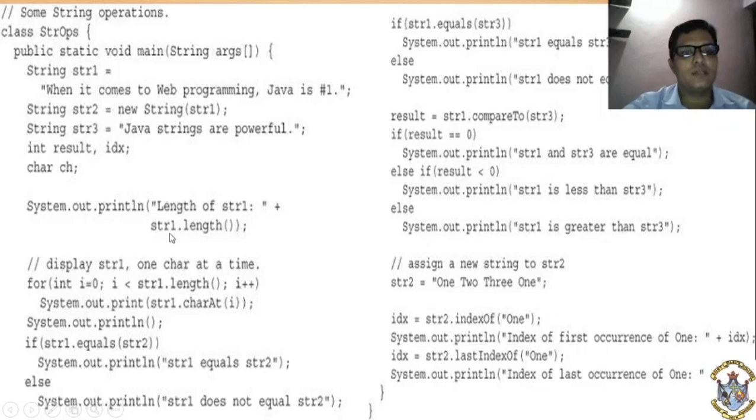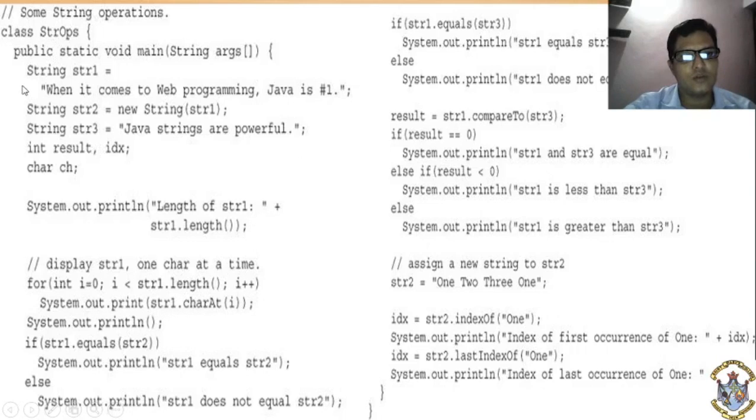Now let us see str1.length(). What is the length? We are going to print this value. Now it comes to the for loop: for int i = 0; i less than str1.length(). According to the length, we have to calculate. I am extracting str1.charAt(i).